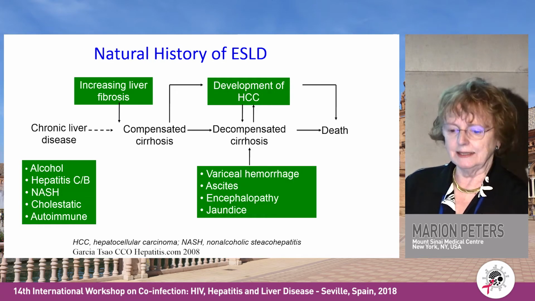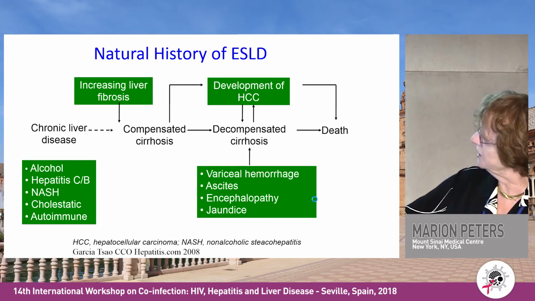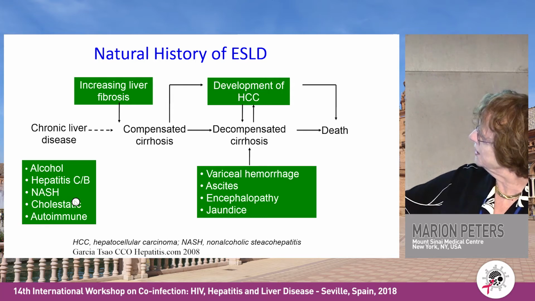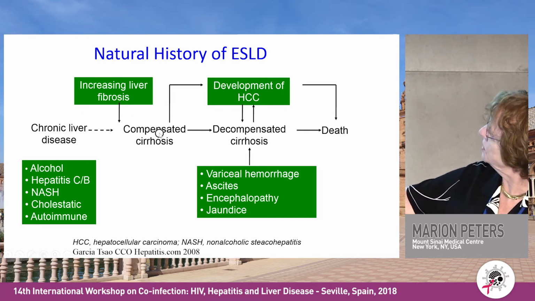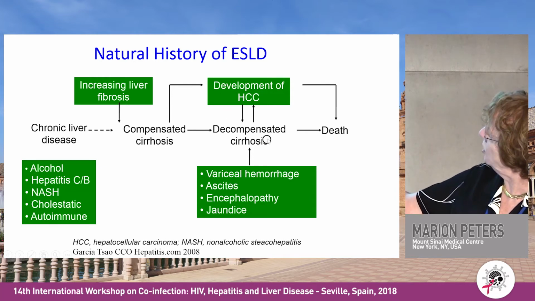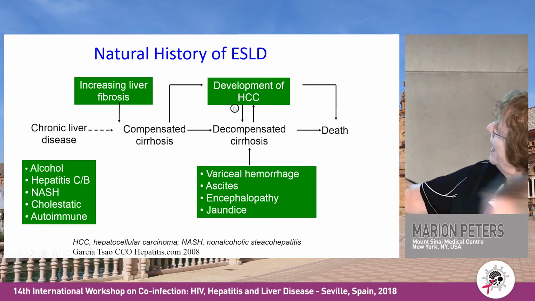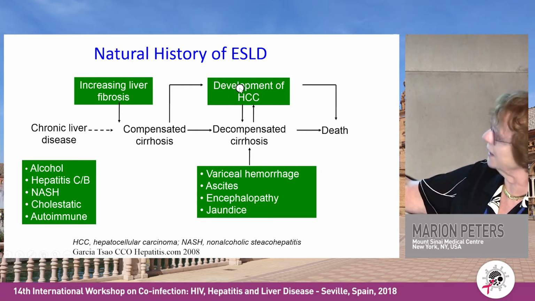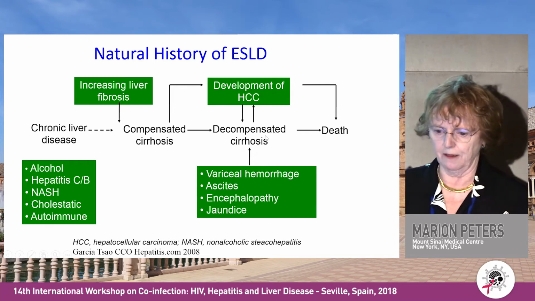What about end-stage liver? You know the natural history of end-stage liver disease, no matter what the cause is, on the left, goes from chronic hepatitis to compensated cirrhosis to decompensated cirrhosis with varices, ascites, encephalopathy, or jaundice, and the development of hepatocellular carcinoma can lead to decompensation or death.